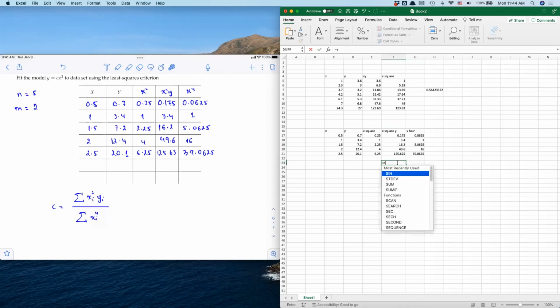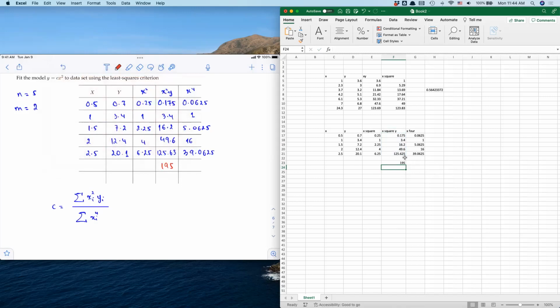So type equals sum, open parenthesis, choose all the values in that column, close the parenthesis, hit Enter, and it is 195. So this is 195 for the summation.